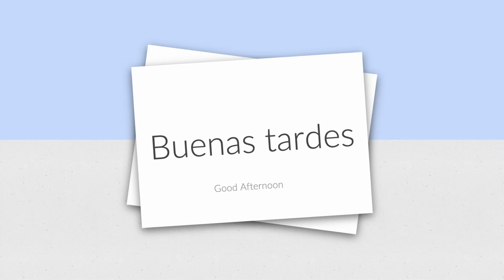Buenas tardes. We already know buenas is good because we have it from buenos días. The difference here is that this is buenas. It has an A, so it's feminized rather than bueno, which is masculinized. Now, interestingly enough, you'll only have the morning as a masculine time of day.